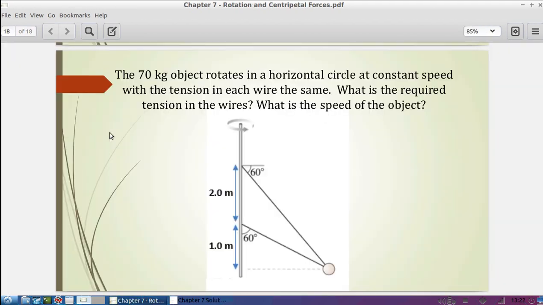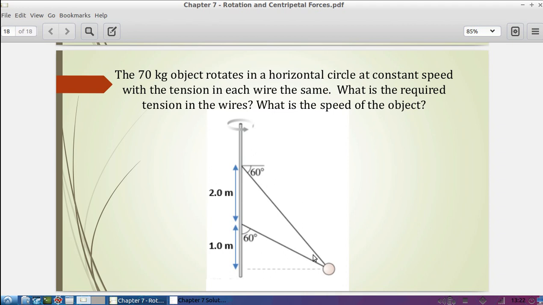Same thing with T2. How do I find the angle that T2 is acting on the object? They mark this angle right here with 60 degrees. This line right here, I'm going to assume that it's parallel to this line right here. So this is 60 degrees. This angle right here, this big one, is also 60 degrees. That's another pair of alternate interior angles. They're congruent.